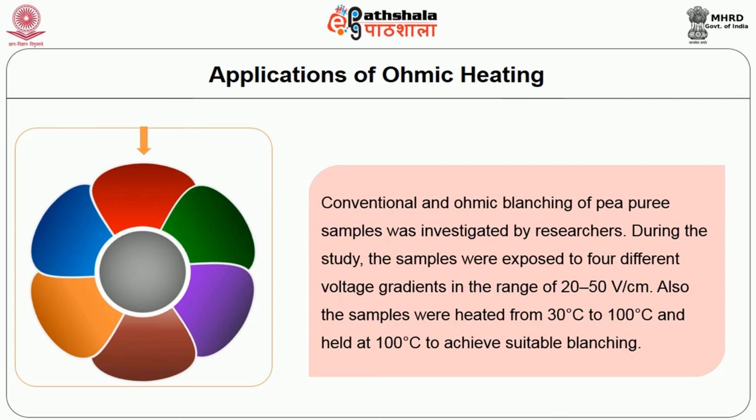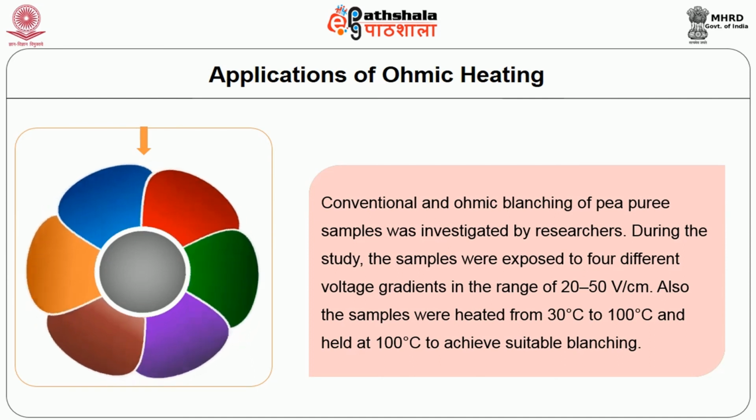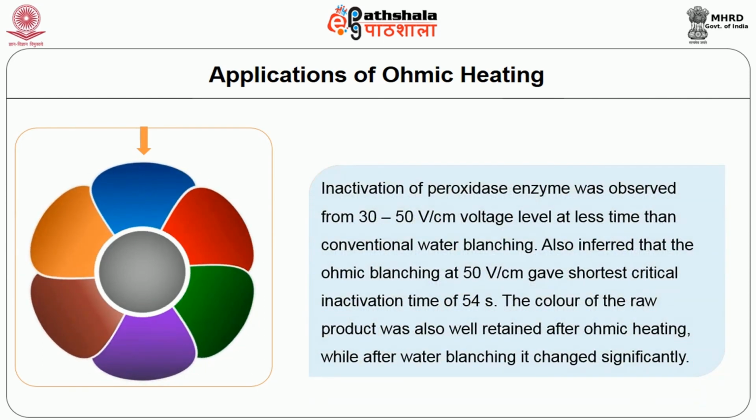During the study, the samples were exposed to 4 different voltage gradients in the range of 20 to 50 volt per centimeter. Also, the samples were heated from 30 to 100 degrees Celsius and held at 100 degrees Celsius to achieve suitable blanching. Inactivation of peroxidase enzyme was observed from 30 to 50 volt per centimeter voltage level in less time than the conventional water blanching.